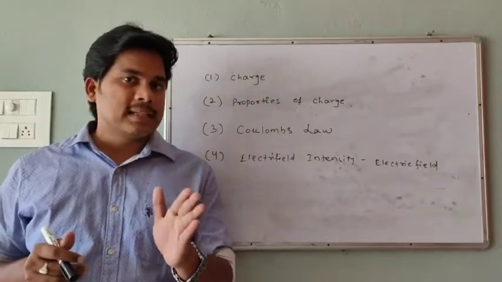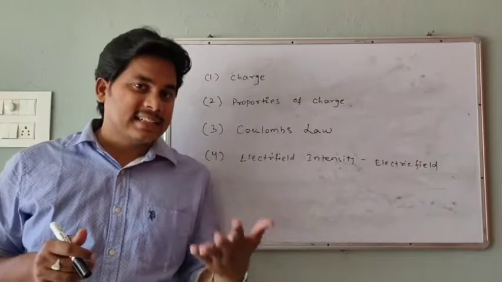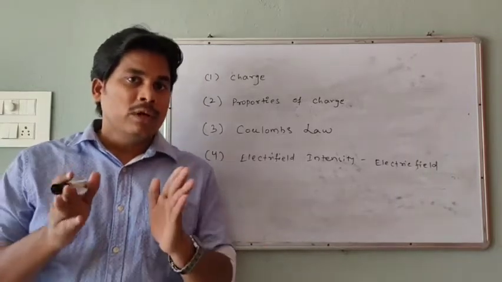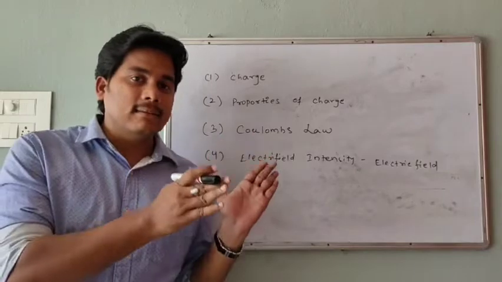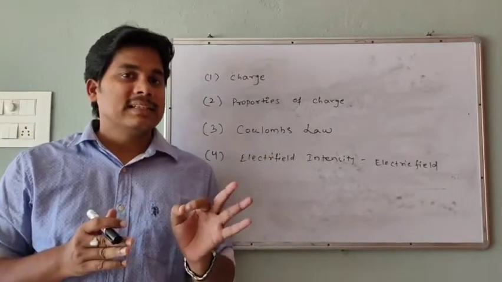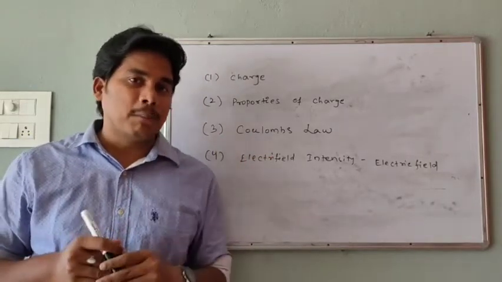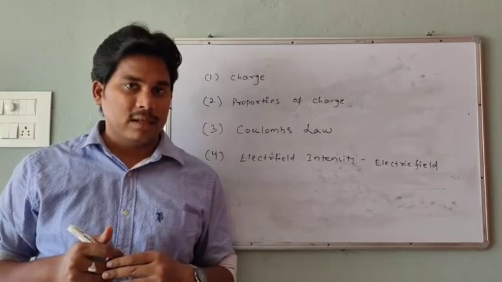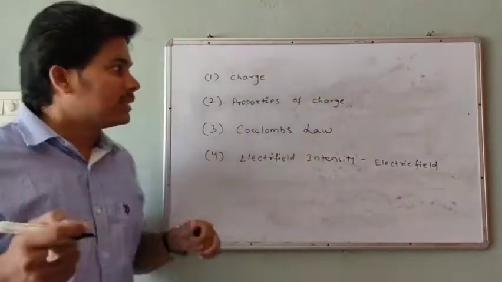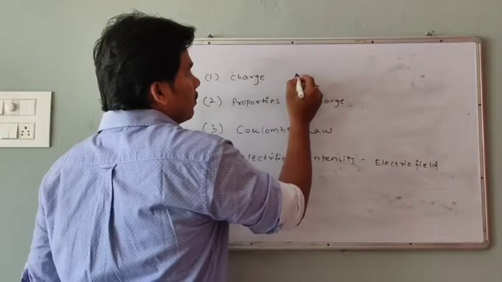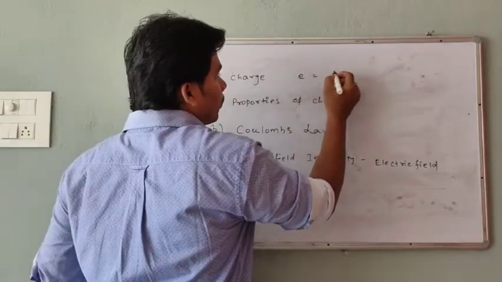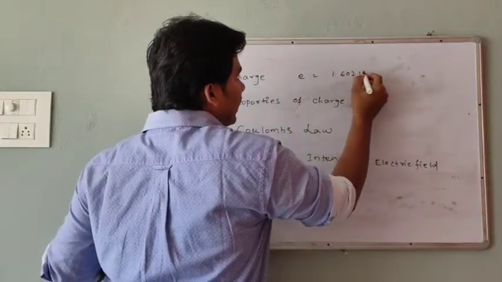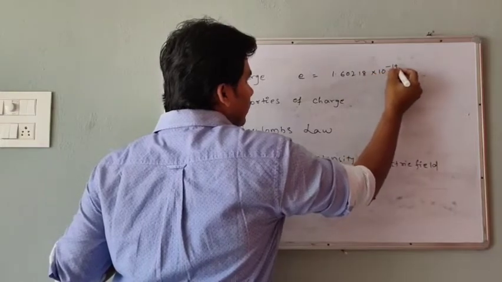That does not imply the negative charge is lesser than the positive charge. It only indicates the nature, meaning the sign of charge is completely a convention. Now, we know the charge of an electron or proton is 1.60218 times 10 to the power minus 19 Coulomb.